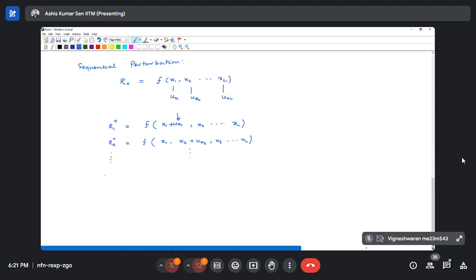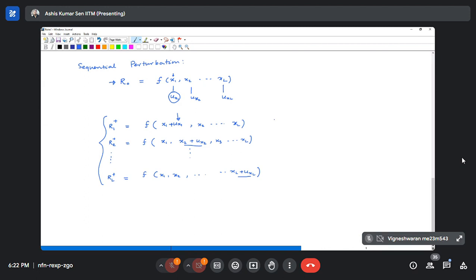So if I continue like this, I can write RL plus is a function of x1, x2 up to xL plus UxL, right? So you can see that from this nominal function, I'm evaluating that function first, perturbing x1, considering the uncertainty, everything else remaining fixed. In R2 plus, I am only considering the uncertainty with x2. In RL plus, I am considering the uncertainty in xL.